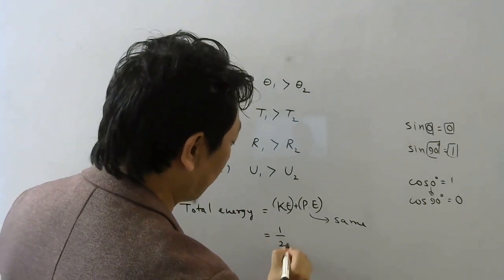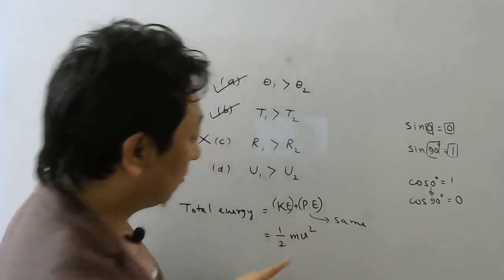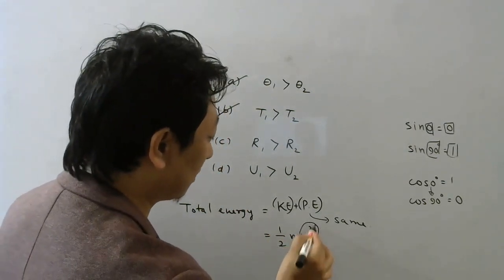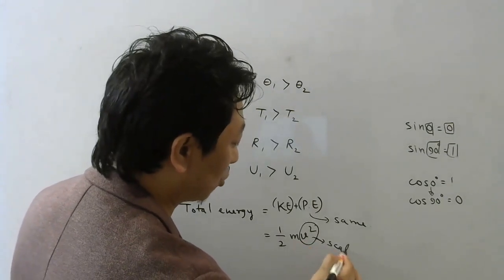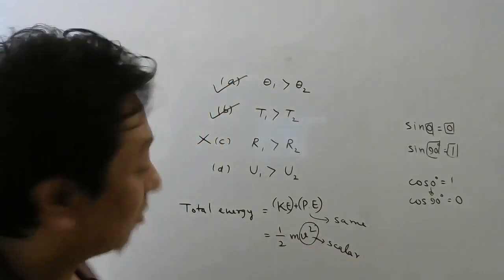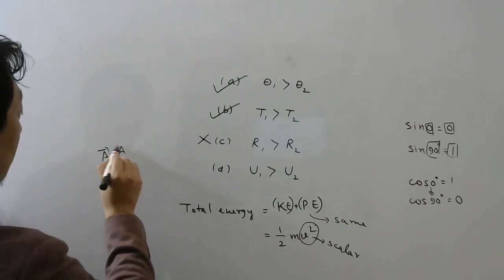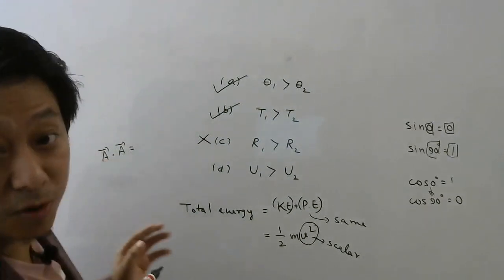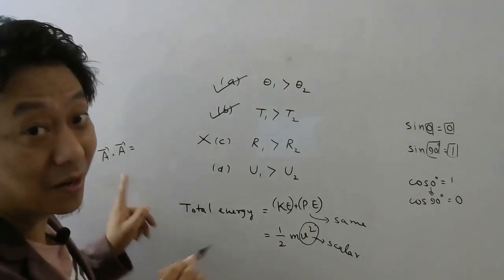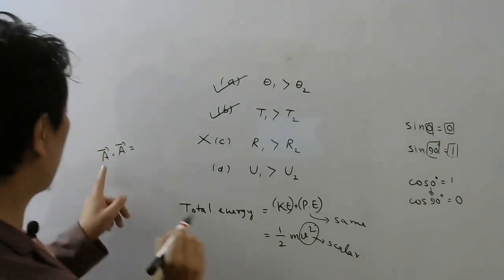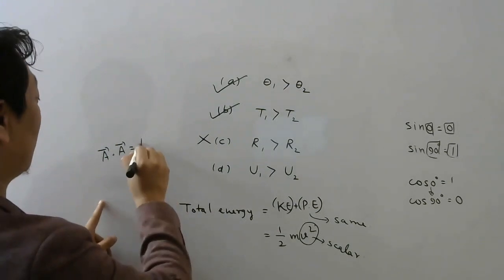Kinetic energy is half mv square, and v square is a scalar quantity, remember. Square of a vector is a scalar, because if you take a vector and then you take dot product with the same vector, in dot product what did we learn? A bar dot b bar is ab cos theta. So what will be a bar dot a bar?